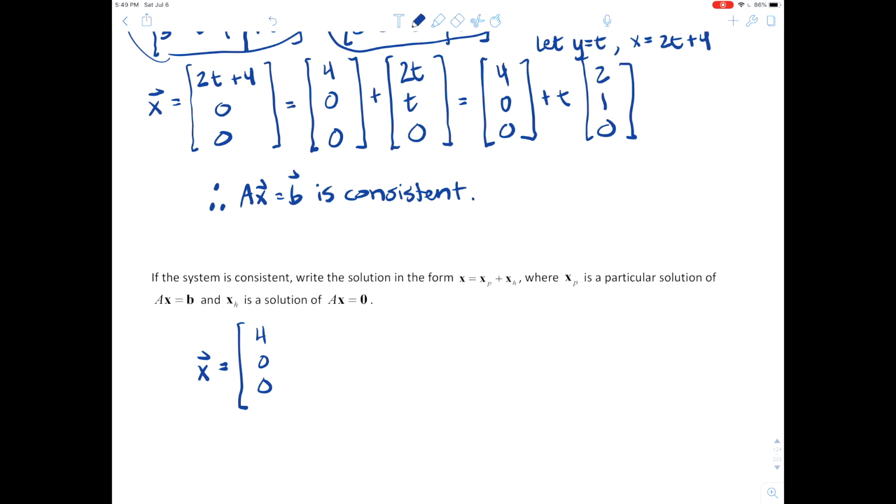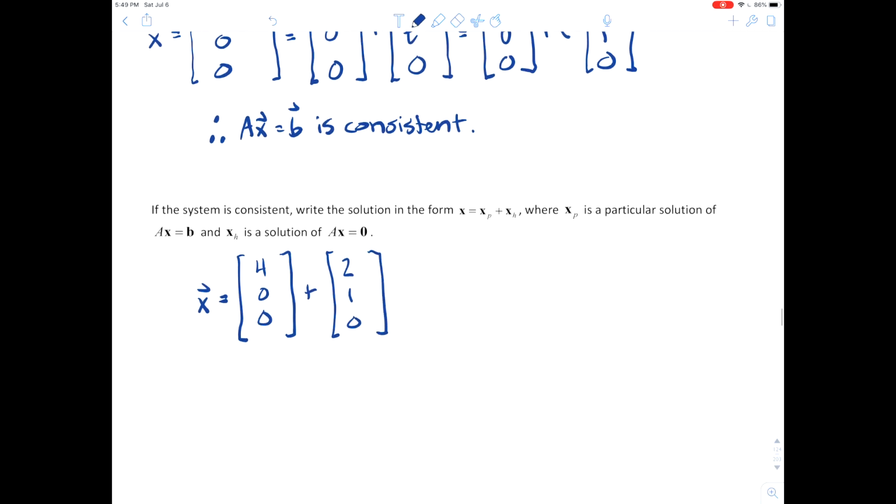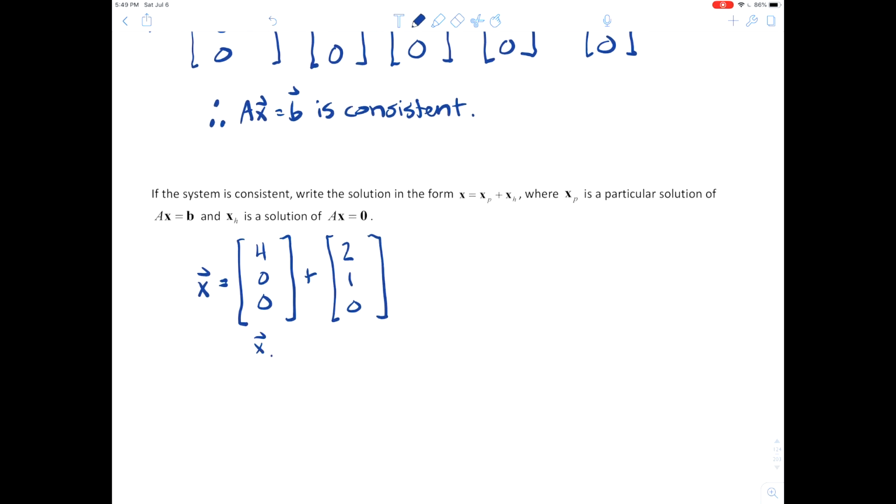If I were to let t equal 1, then I would have what? Beautiful, (2, 1, 0). And so this is my xp, and the second one is my xh. And this is a solution. There's infinitely many solutions. This is just one of them.